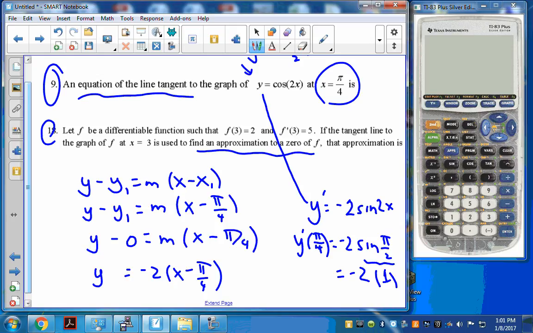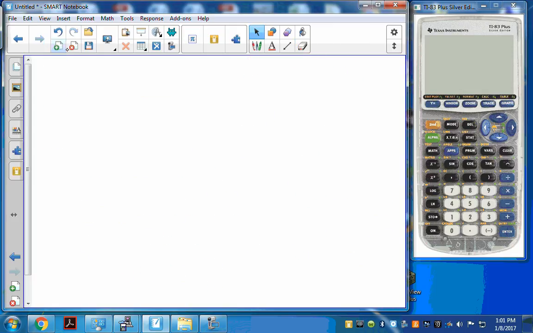Now again, tangent lines are used a lot to approximate functions. And that's what section 3.9 is talking about, using a tangent line approximation. So let me pull up a new page here. Example 1 on page 235. Again, if you have your text, it's on page 235.